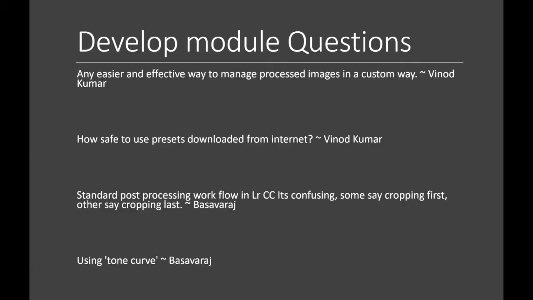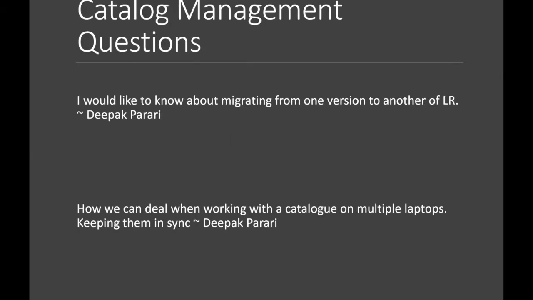Database. Now, your database of Lightroom is called a catalog. One of the questions was, I would like to know about migrating from one version of Lightroom to another version of Lightroom. See, usually what happens is there are point updates of Lightroom.